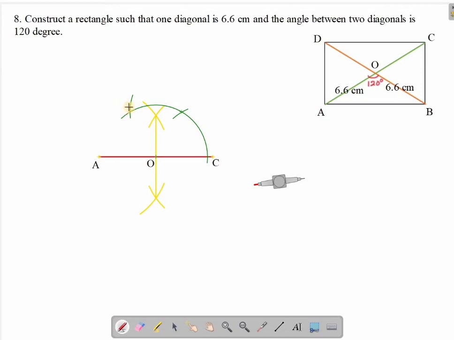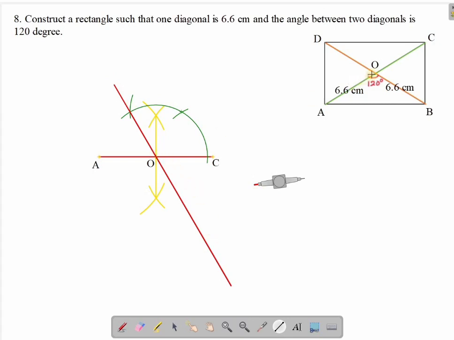So it's better that we extend the line. Now as you can see I have extended the line.